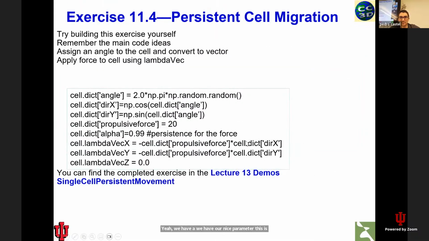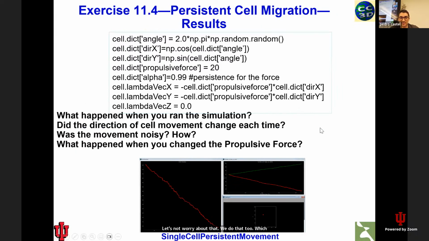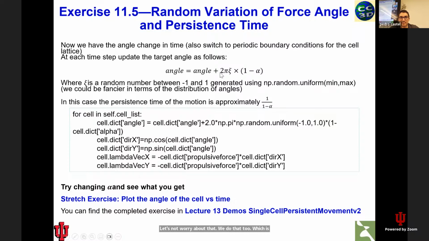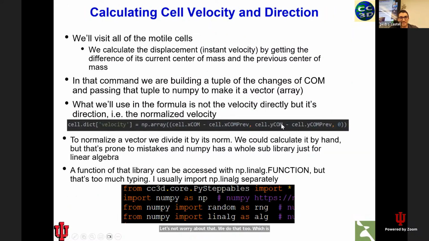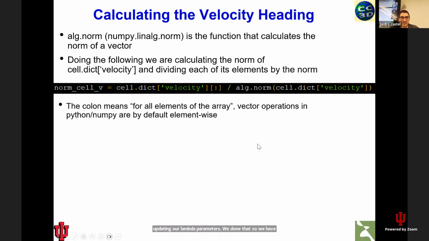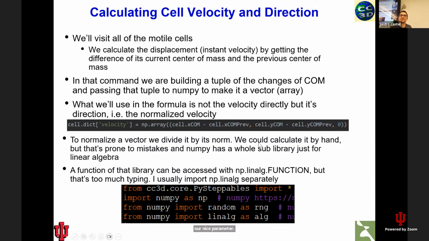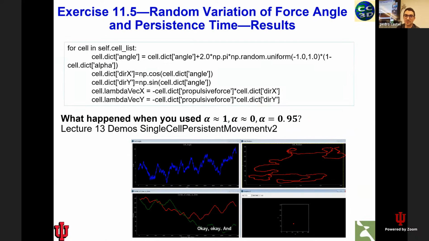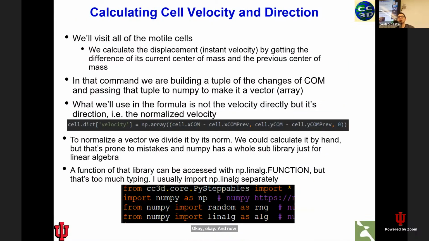Let's not worry about that. We did that too, which is updating our lambda parameters. So we have our noise parameter. And now our next objective is to have collective migration.